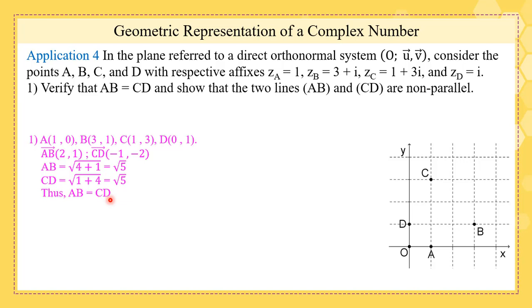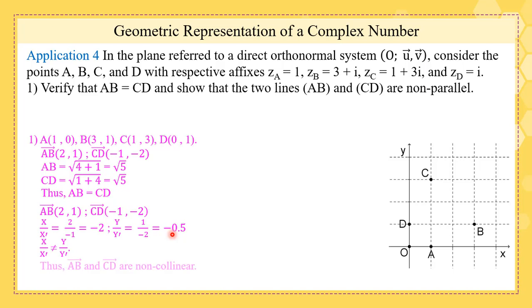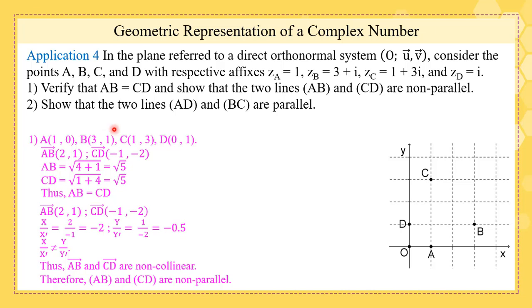Now, how do we prove that AB and CD are not parallel? This is AB, this is CD. We can see that x over x prime is not equal to y over y prime, so the two vectors are not collinear, which means that the two lines are not parallel. Now show that the two lines AD and BC are parallel.